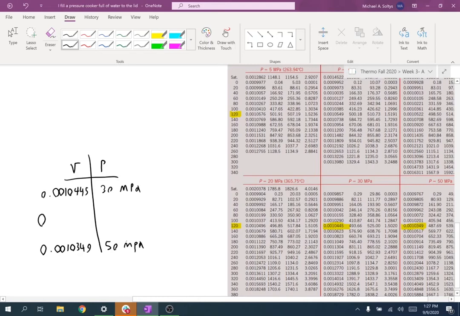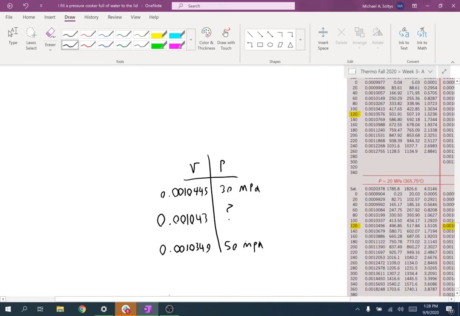We know that my specific volume is 0.001043, and we don't know the pressure at that point. But we can just do a linear interpolation between these values to find the answer.